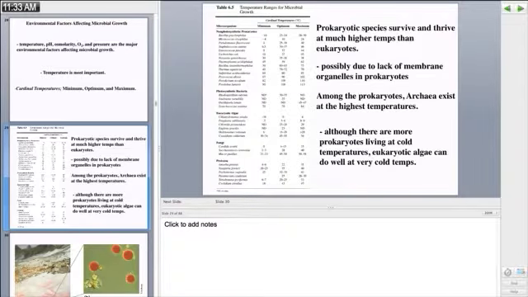Among prokaryotes, you can also look at photosynthetic bacteria. Photosynthetic bacteria, because of the complexity of the photosystem and all of the internal thylakoid membranes that they have, don't do as well at high temperatures. There are some photosynthetic prokaryotes that do well at even as high as 79 or 80 degrees centigrade, but for the most part, most photosynthetic bacteria, like most photosynthetic eukaryotes, don't do very well at high temperatures.